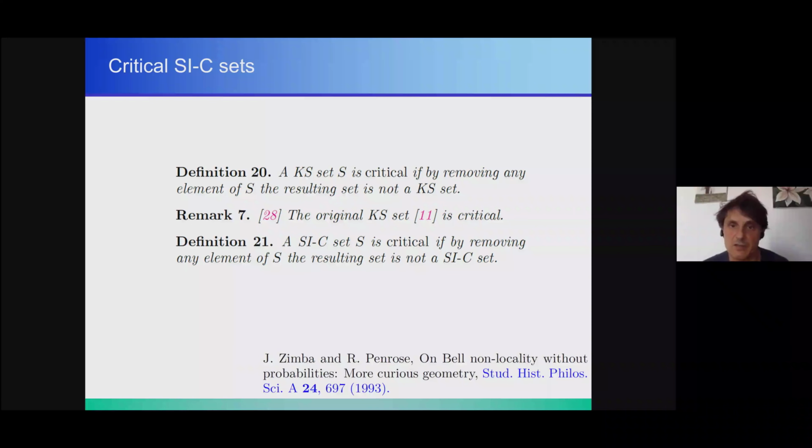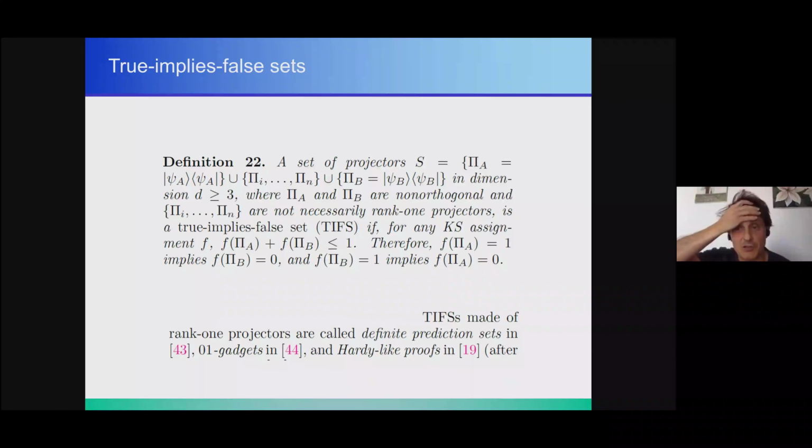Good. We also need a concept with many names in the literature, as becomes clear after Carl's talk. It is basically the basic building block of a Kochen-Specker proof. It's a set of projectors with a particularity: assume non-contextual models and a particular assignment to one of the vectors.